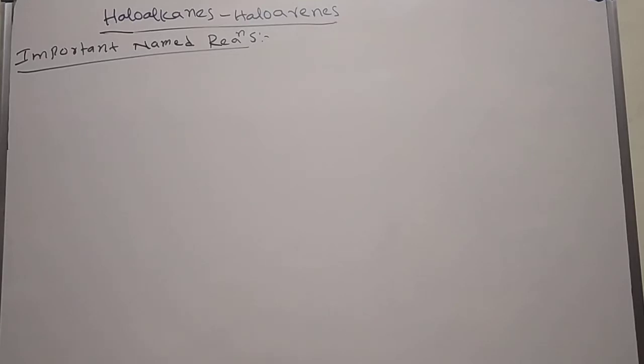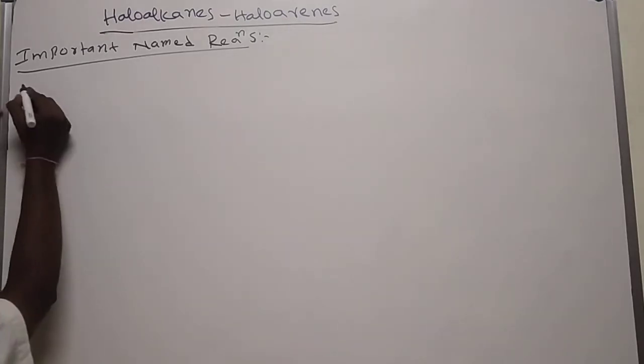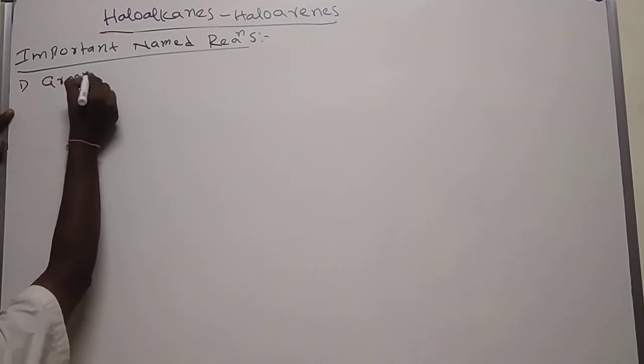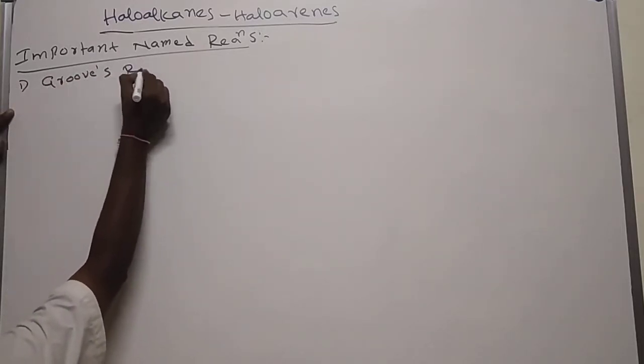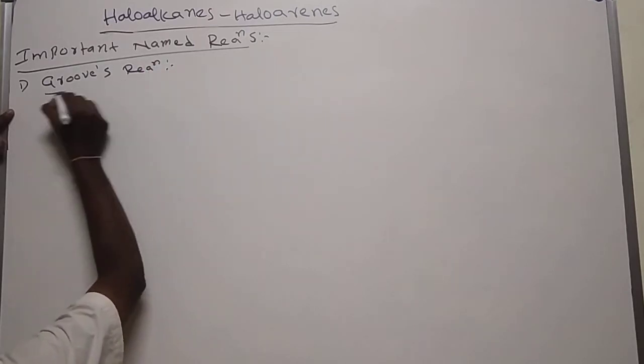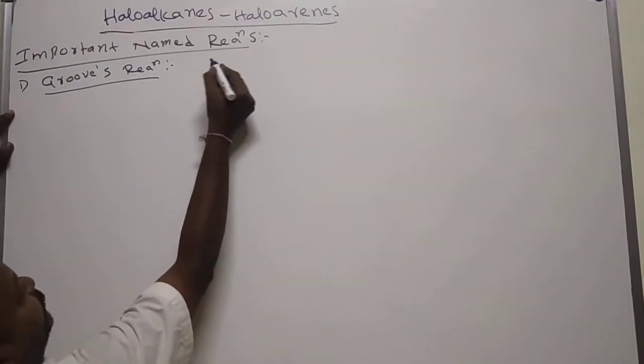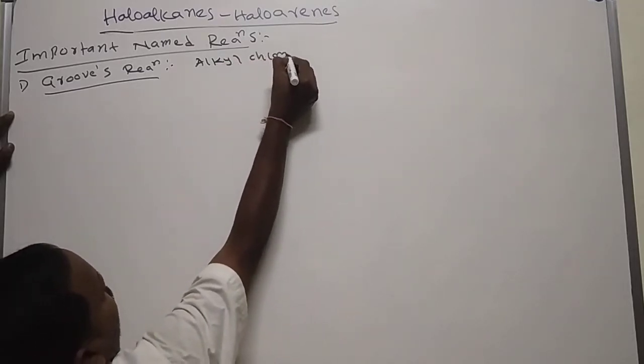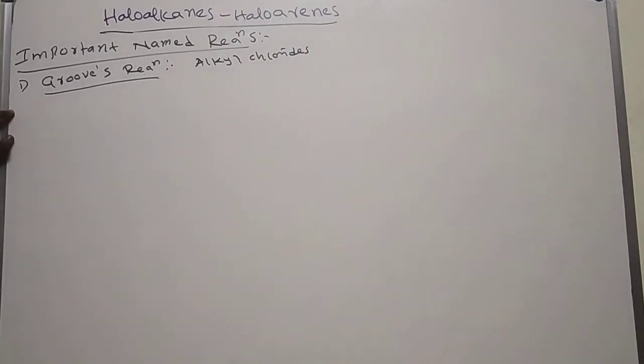Here in haloalkanes and haloarenes, we'll see some of the important named reactions. The first named reaction is the Groves reaction, used for the preparation of alkyl chlorides.